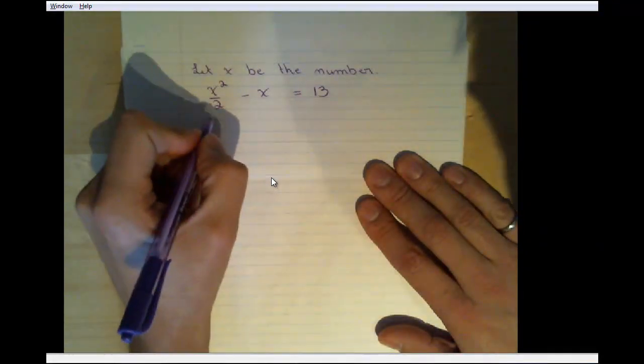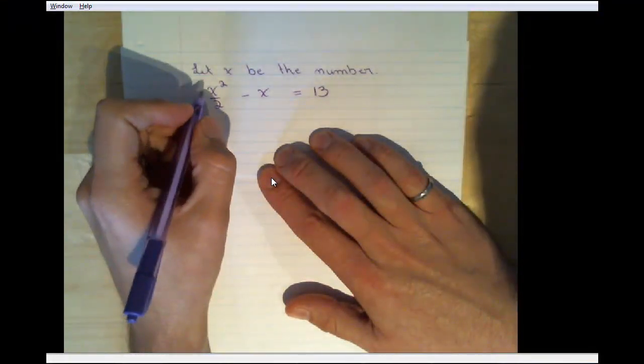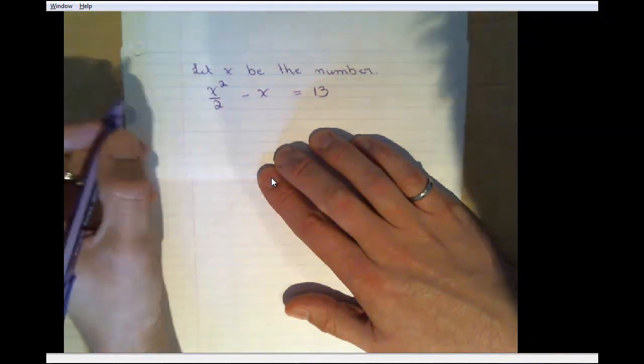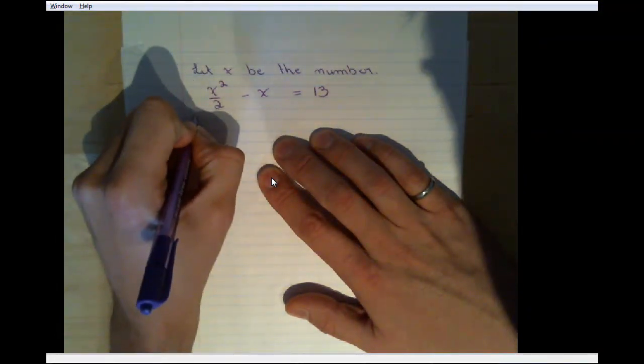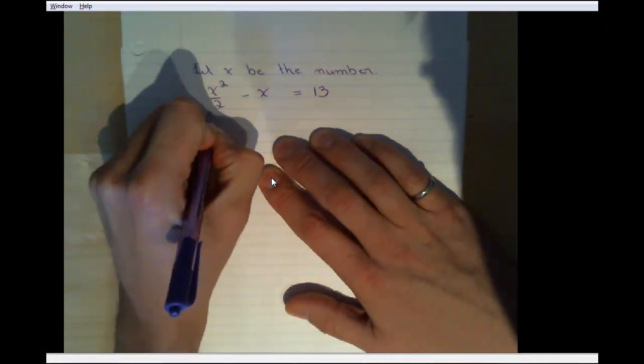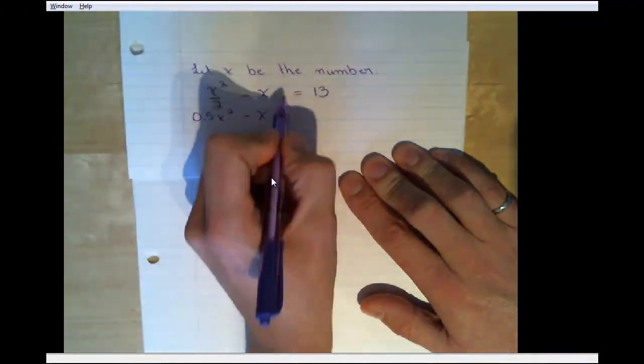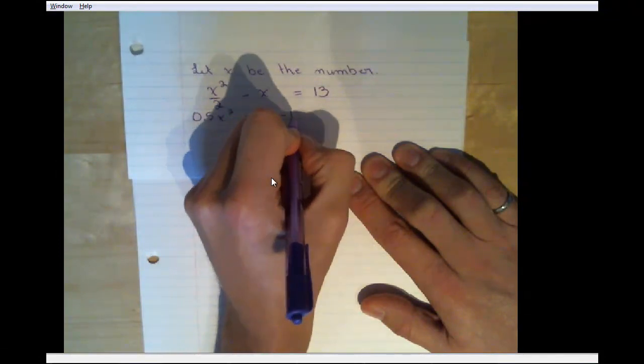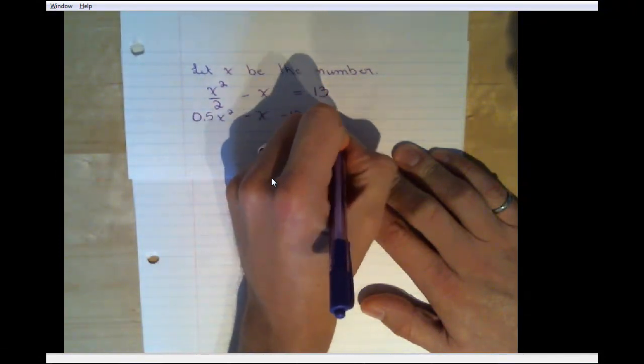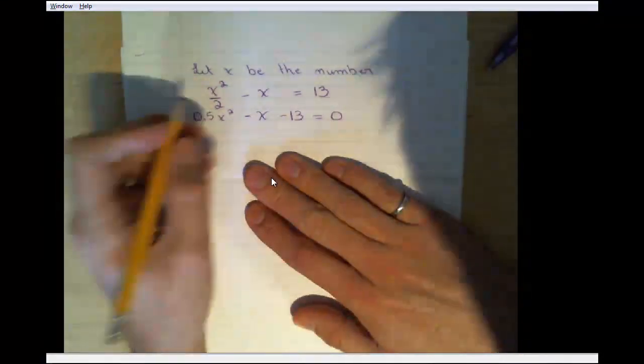Okay? And let's lose the decimal for a sec here. Think of it like this. 0.5 x squared minus x, bring the 13 over, that's minus 13 equals 0. And now you have your quadratic in standard form.